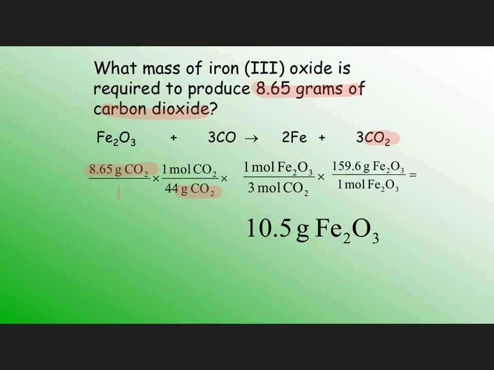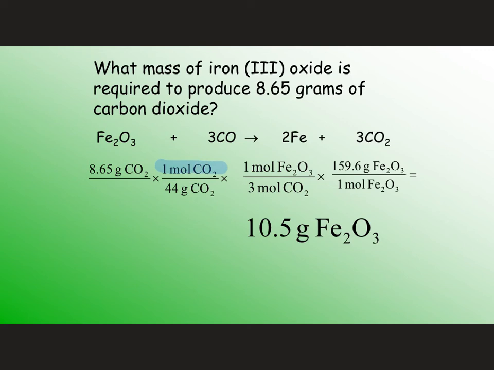We don't want grams, we want moles. So how do we go from gram to mole? Well, we know that the molar mass is equal to 1 mole. So we're going to use 1 mole of the carbon dioxide and set that equal to the molar mass of carbon dioxide. So carbon being 12, oxygen 16 twice adds up to 44. So now I am in moles of carbon dioxide.